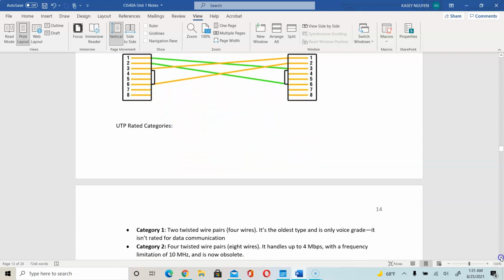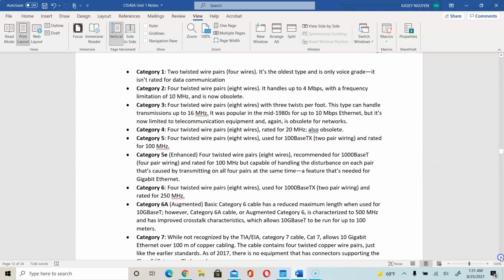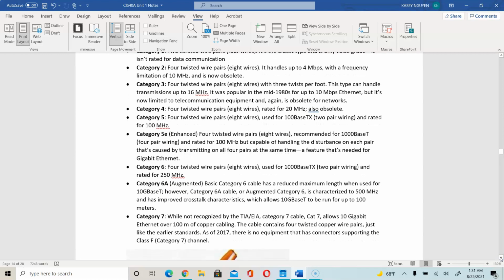So there are rated categories. We commonly see Cat5e, so that will be used in a lot of networks. We started to see more Cat6, Cat6A, and Cat7, because as we move to the later categories, you see a tremendous change in the speed.